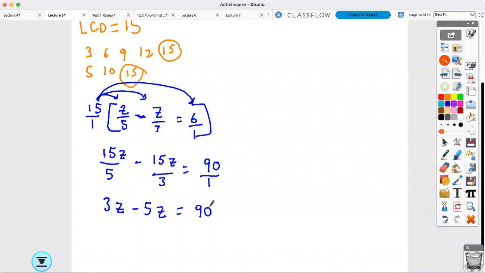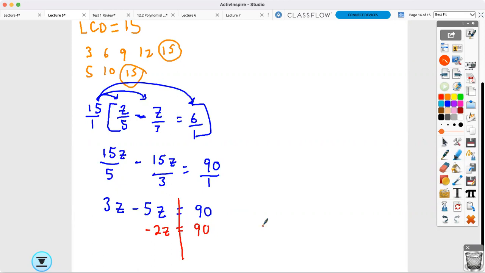Everyone with me so far? Now we need to combine like terms and solve for Z. So line down the equal sign. 3Z take away 5Z is negative 2Z. Bring down the 90.